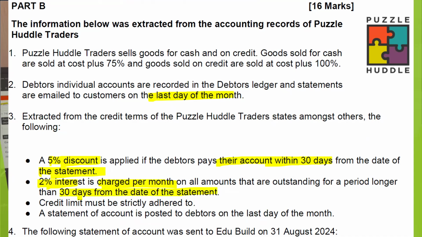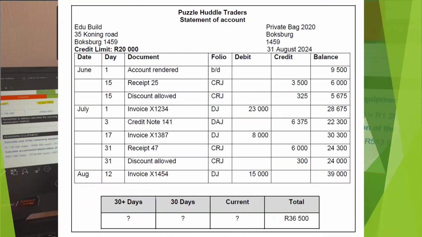All right. Now, credit limit must be strictly adhered to. A statement of account is posted to debtors on the last day of the month. The following statement of account was sent to EduBuild. So we are EduBuild, understand that, okay? So this is what was sent to EduBuild.